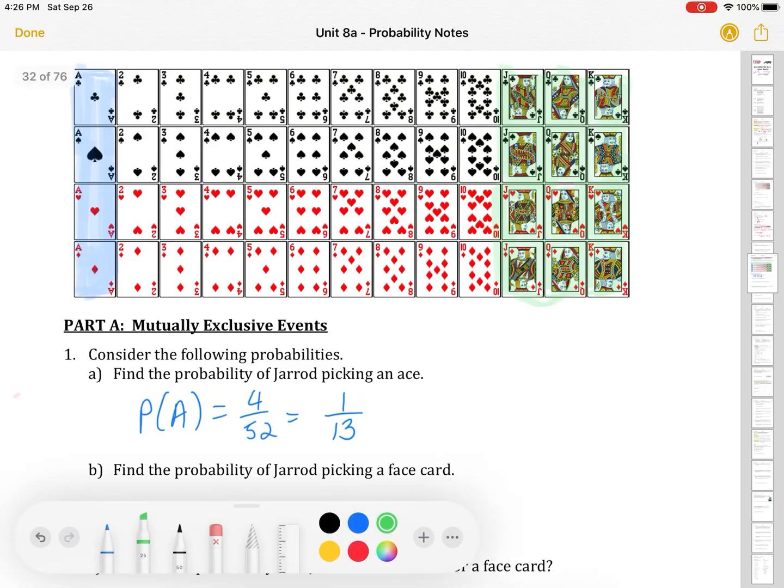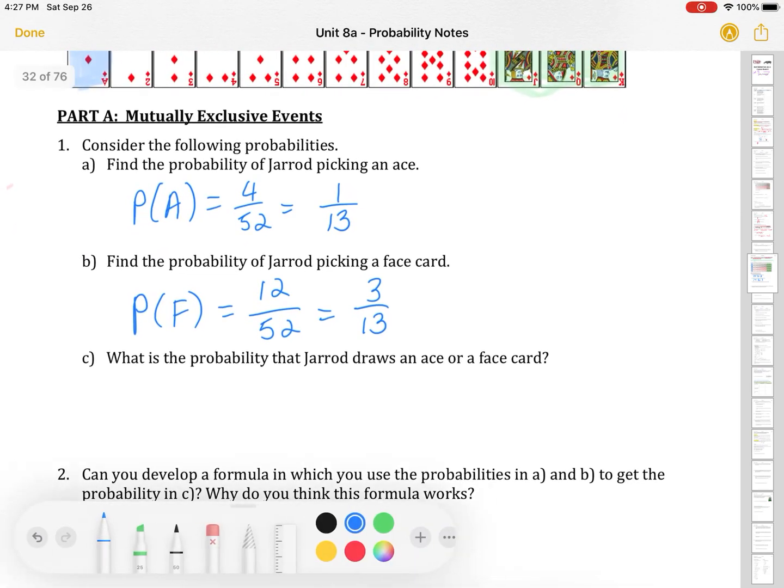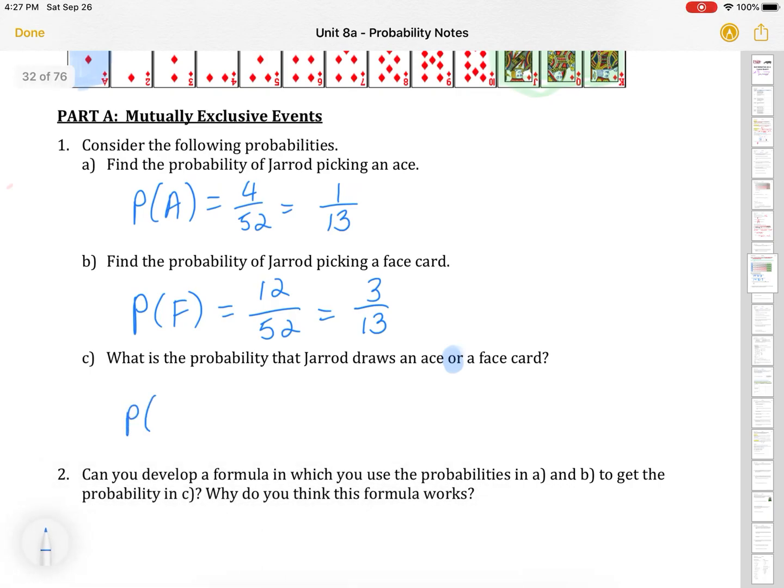We now want the probability of Jared picking a face card. Looking over here, we have 12 face cards in that deck of 52. So the probability of Jared picking a face card, which we'll call F, is 12 out of 52, and we can reduce that to lowest terms. It's 3 out of 13. And then we want to know the probability that Jared draws an ace or a face card.